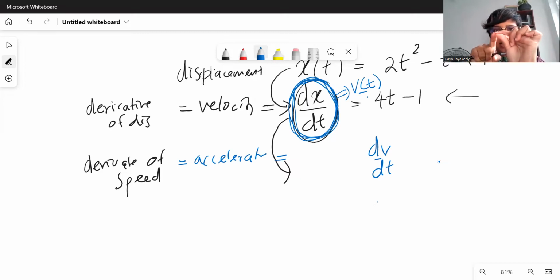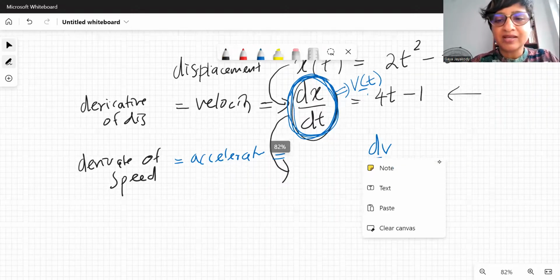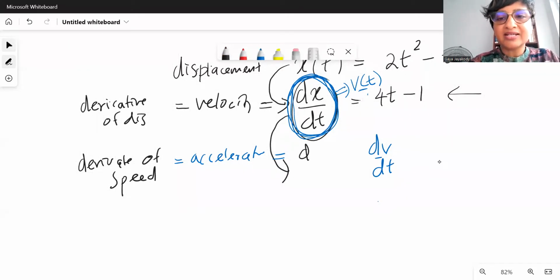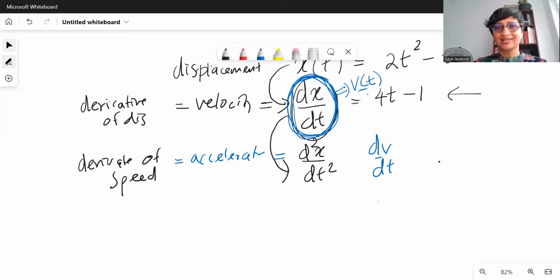I take dx by dt and differentiate that again. The notation looks like this: d squared x by dt squared. You may wonder what happened. It is because of the squares that it appears this way.